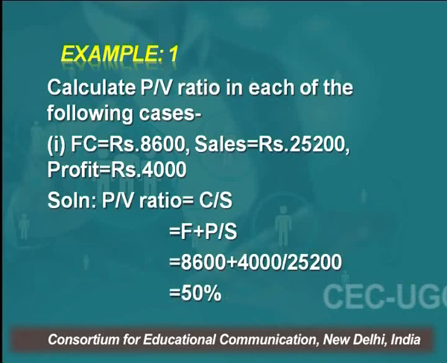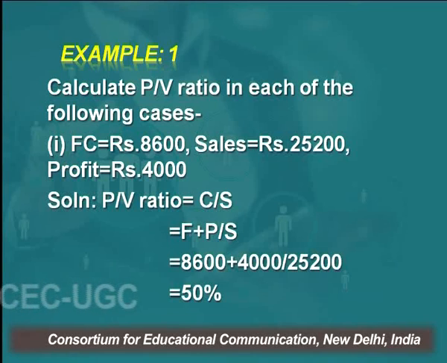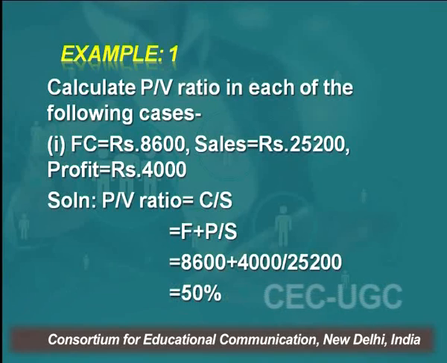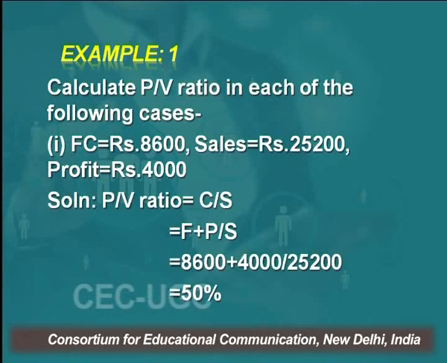When you deduct the variable cost out of sales, what is remaining? The remaining is some component of fixed cost and some component of profit. So profit and fixed cost also constitute contribution. In our example, the variable cost is not given; we are given fixed cost and profit.